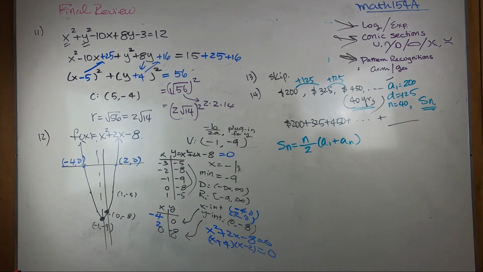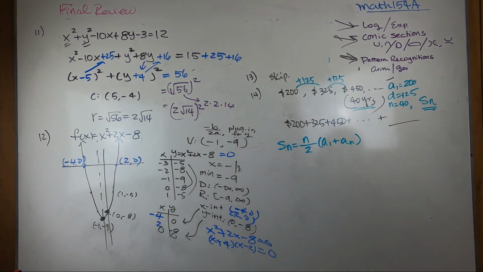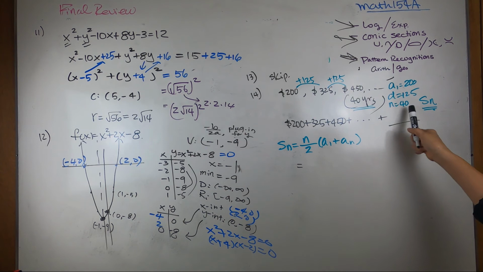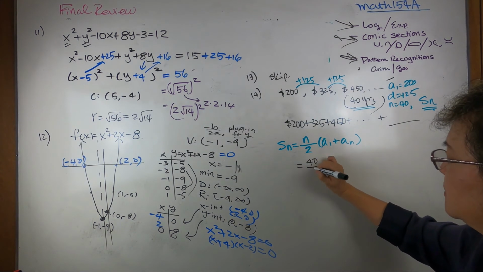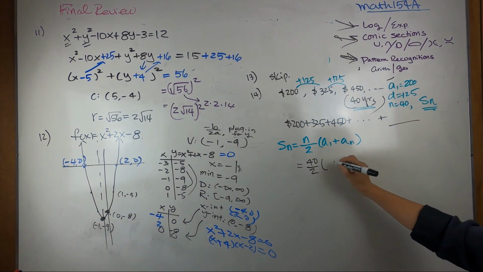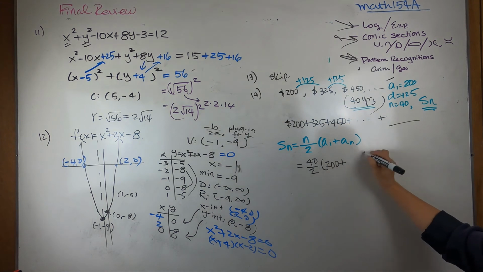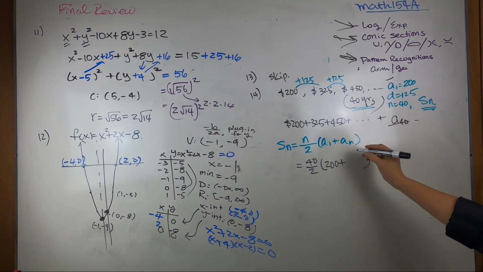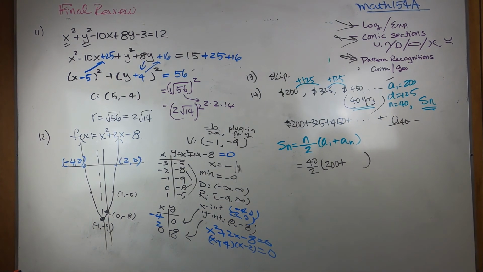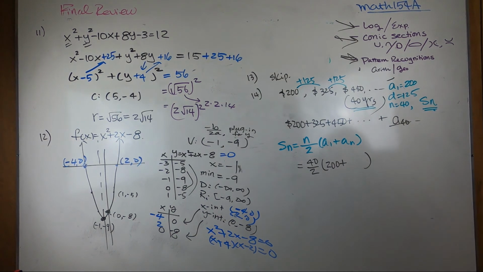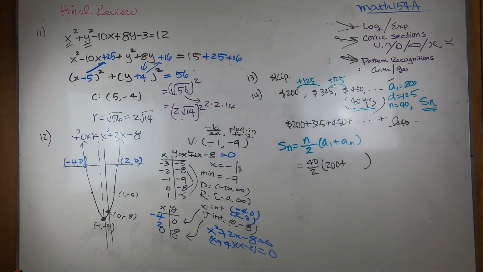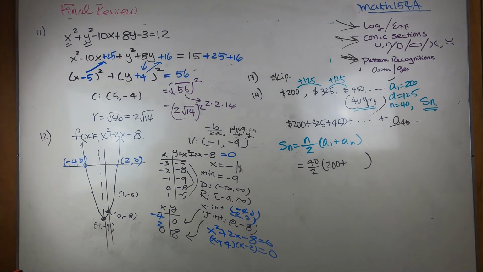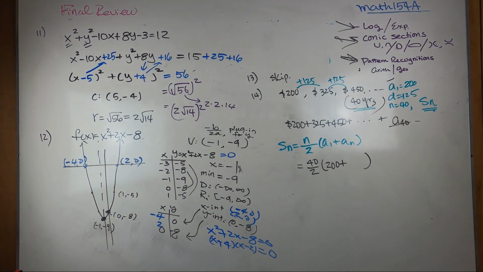Is that right? So n is 40 over 2, a1 is 200. What is an? It's a40, right? The last term. Then we don't have it here. What do we need to do? We need to use the formula for the sequence, right?